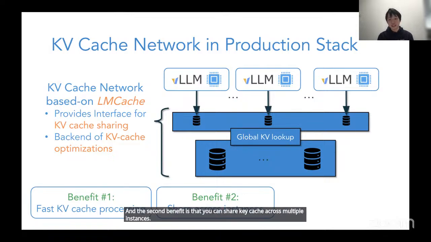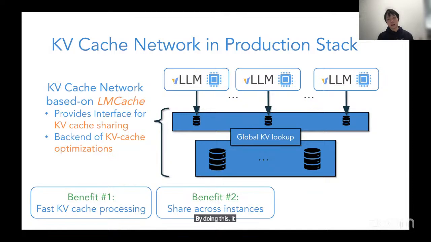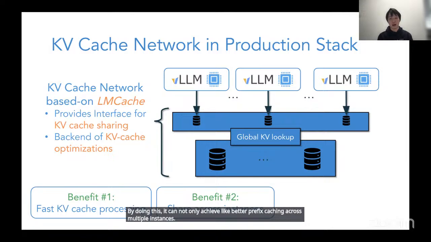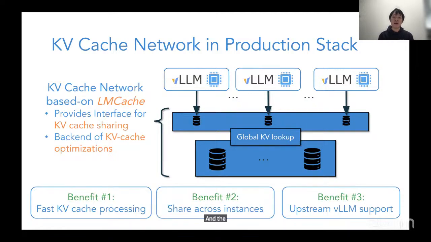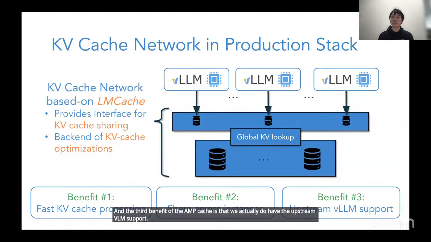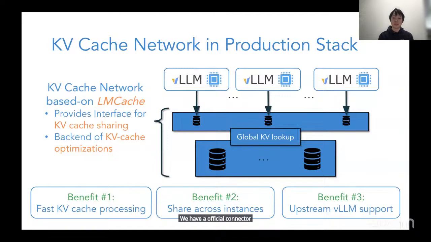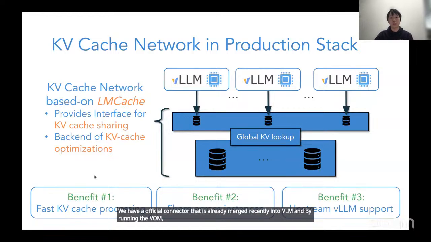By doing this, you can achieve better prefix caching across multiple instances, and you can also use it for disaggregated prefilling. The third benefit of LMCache is that we have upstream vLLM support. We have an official connector that was recently merged into vLLM, and by running vLLM, without modifying any code, we can activate the LMCache module.